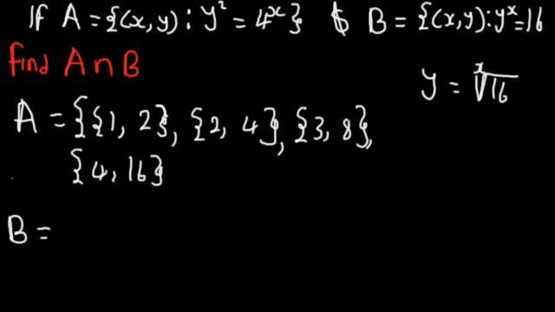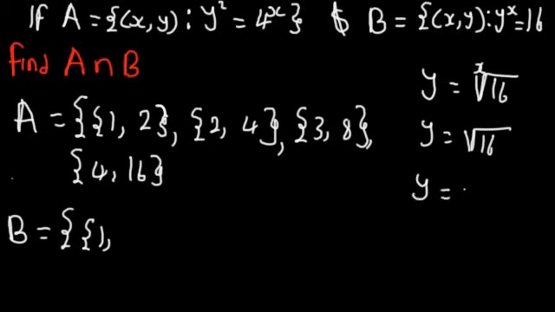Now let's start. Just like set A, it also includes elements of x, y. So when x is 1, y will be what? So y will be equals to 1 root 16, and 1 root 16 is equal to 16.